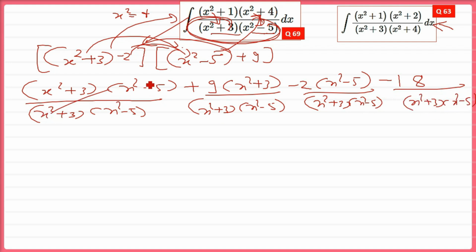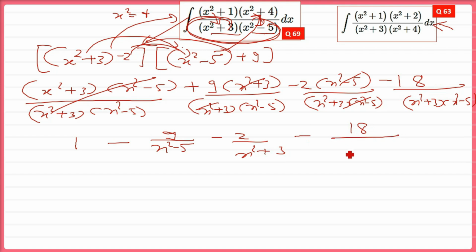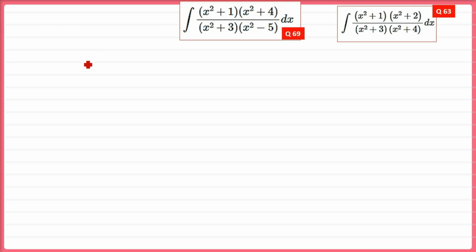The first term will get cancelled, only 1 will come. In the second term, if you cancel x square plus 3, only 9 divided by x square minus 5 will come. If you cancel these two, minus 2 divided by x square plus 3 will come. And this will be a separate term. We are going to integrate it separately. So now we are integrating it.